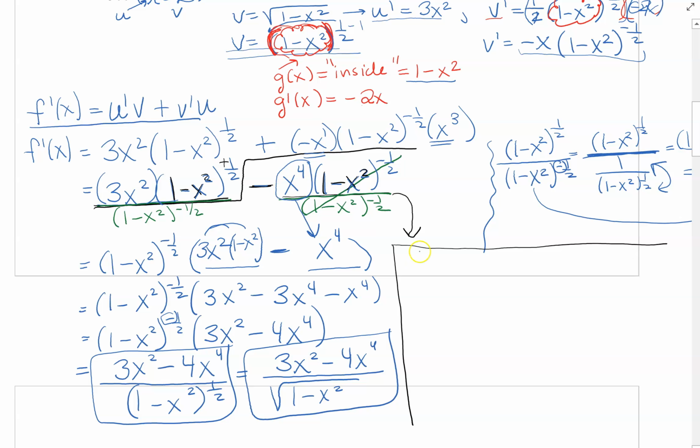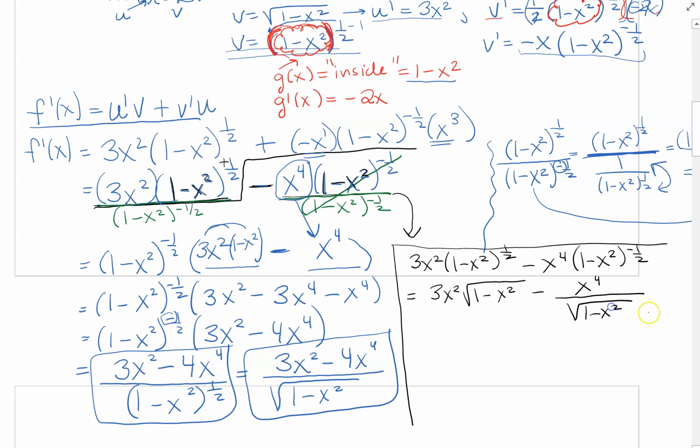So let's say I have 3x squared times (1 minus x squared) to the 1/2 minus x to the 4th times (1 minus x squared) to the negative 1/2. Another option is to rewrite them back into radical form. So the 1/2 power would just turn into a square root, and then the negative 1/2 power would be a square root in the denominator.